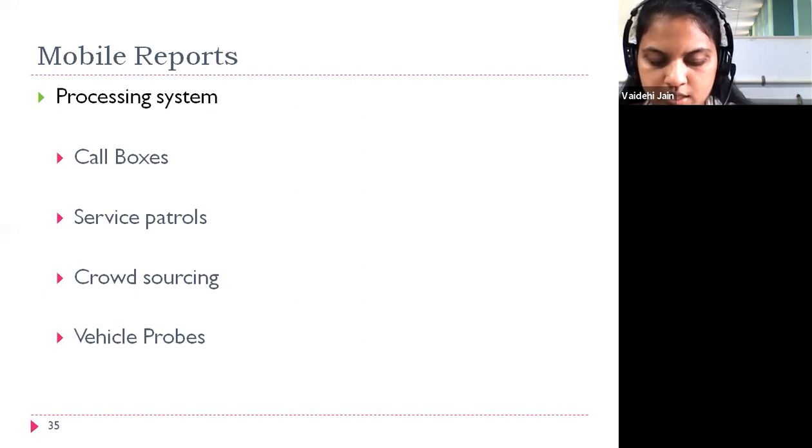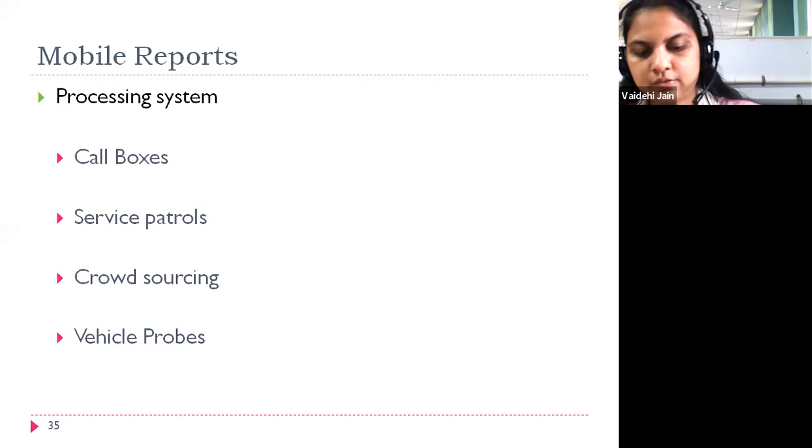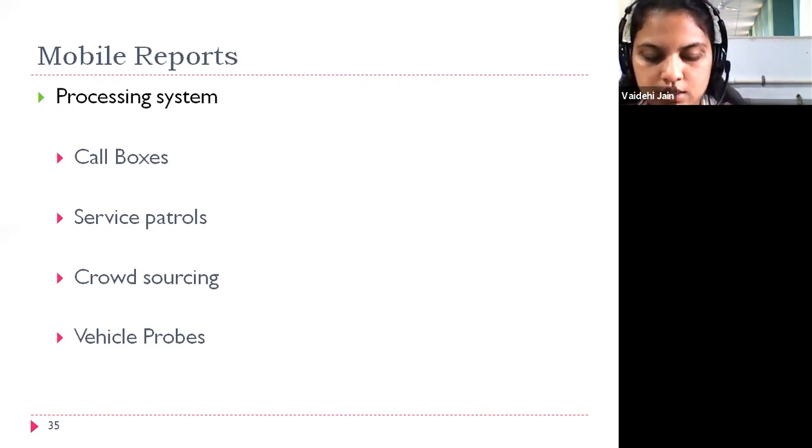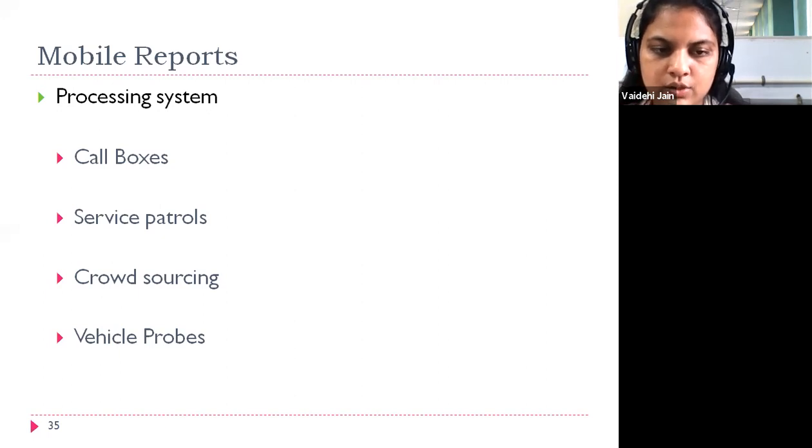If the mobile phones are not there, then the call box is the option. So the service persons from the service patrols will provide information to the call boxes or to the mobile phones or any other device by which the traveler has demanded the information.